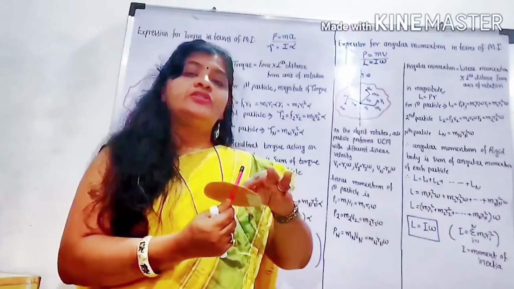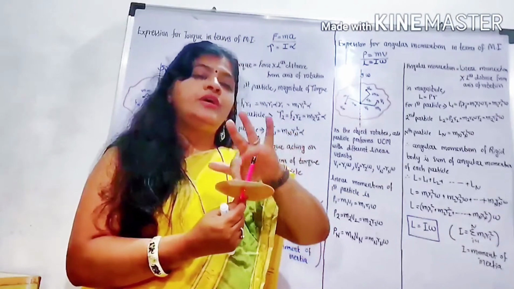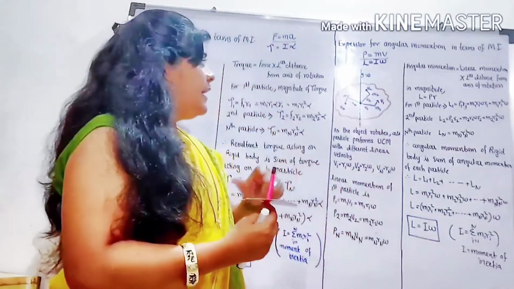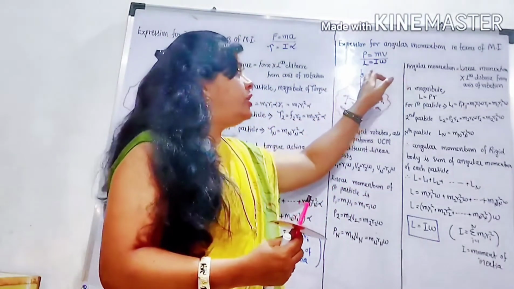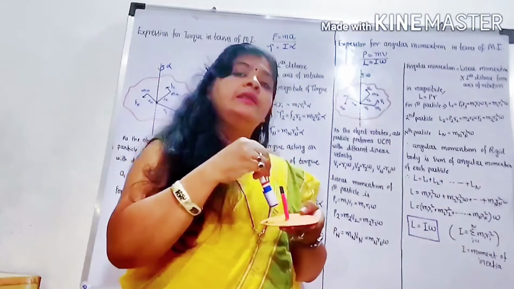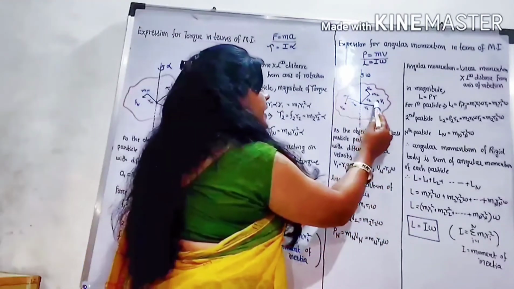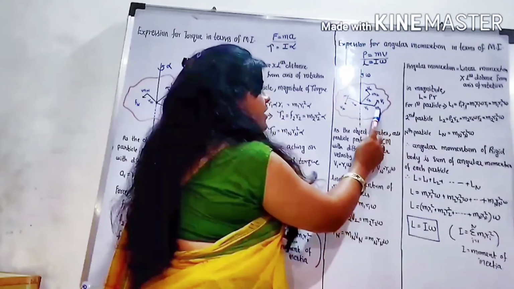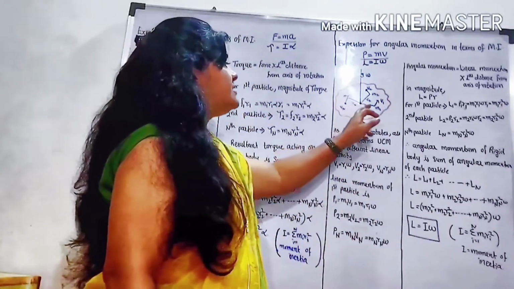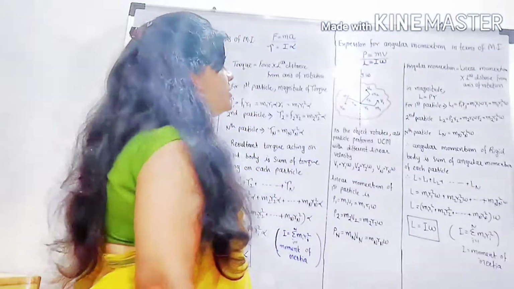When this rigid body is rotating, all these particles perform uniform circular motion, so angular velocity is constant and each particle has a different linear velocity. That's why the diagram shows the first particle having mass m1 and linear velocity v1, situated at a perpendicular distance r1 from the axis of rotation.